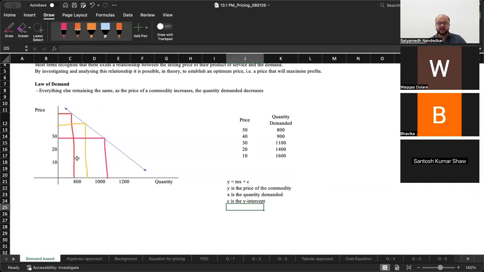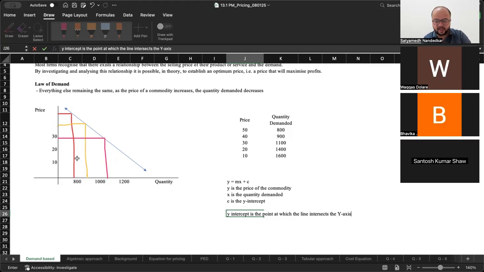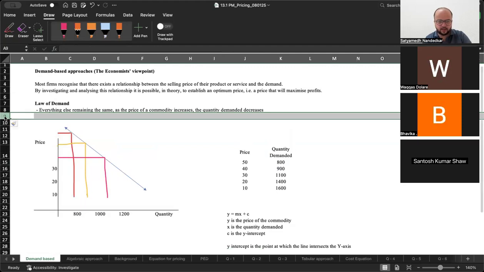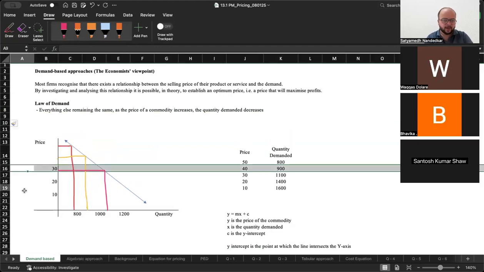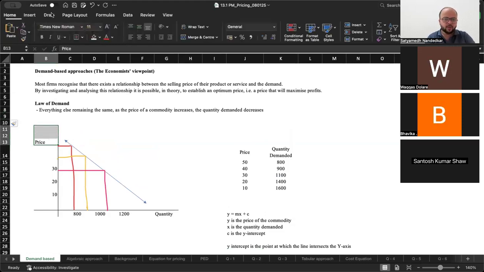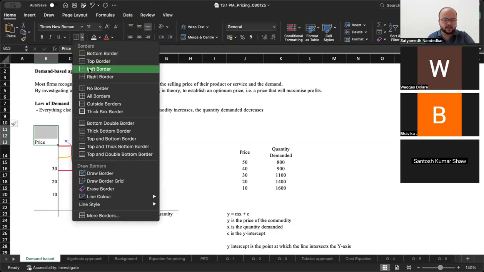The y-intercept is the point at which the line intersects the y-axis. Now I'm going to make it a little taller. See what I do here. I want to graphically illustrate for you what we mean by the y-intercept.